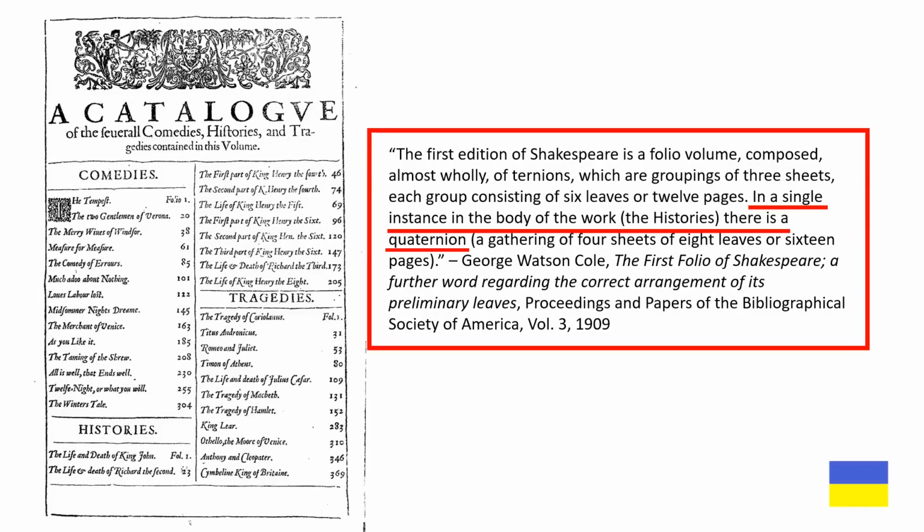In a single instance in the body of the work, the Histories, there is a quaternion, a gathering of 4 sheets of 8 leaves or 16 pages." Scholars have long puzzled why this is here, or maybe they haven't. However, I believe that this is an allusion to the following.